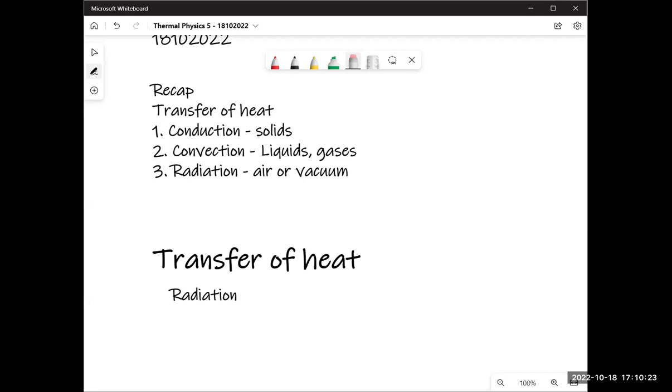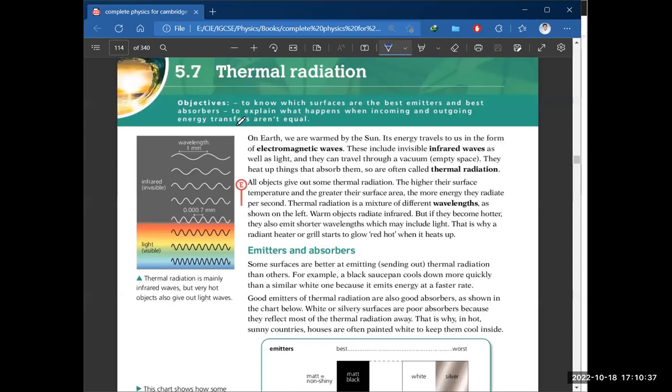Thermal radiation is basically, let's see, from the book. Diana, start reading from here. Objectives.